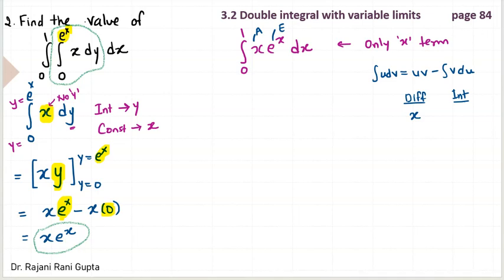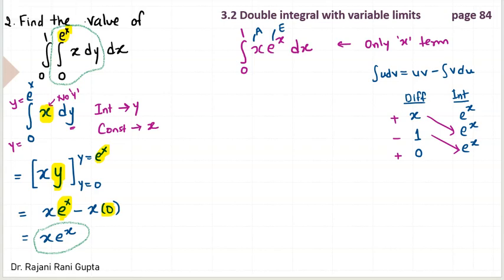So you select x for differentiation and e power x for integration. So the derivative of x is 1, further derivative is 0. So we have to differentiate 2 times to reach 0. So we will integrate 2 times to reach this level. Then we just have to write down the terms starting with plus, minus, plus, multiplying across.